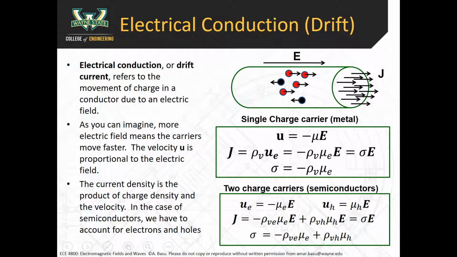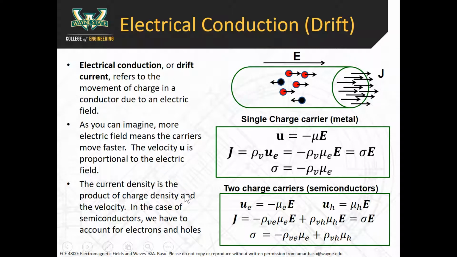Let's deal with the single charge carrier first, because I think that's easiest to understand. So for this beginning part of the discussion, just ignore these red charges. Assume that we only have a single type of charge carrier. Drift current refers to the movement of charge due to an electric field.